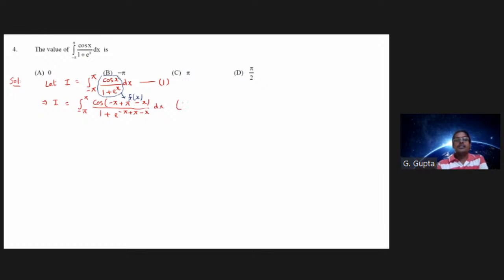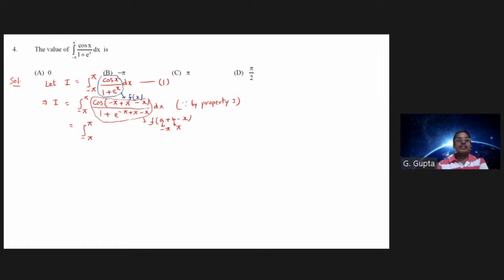Since by property 3, this entire term is f of a plus b minus x. A is minus pi, b is pi. Now this simplifies to minus pi to pi integration. Minus pi plus pi cancel.